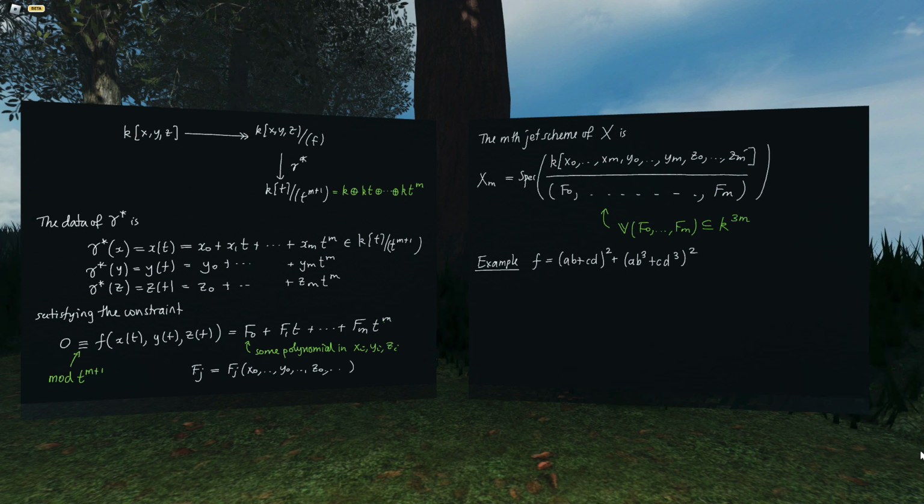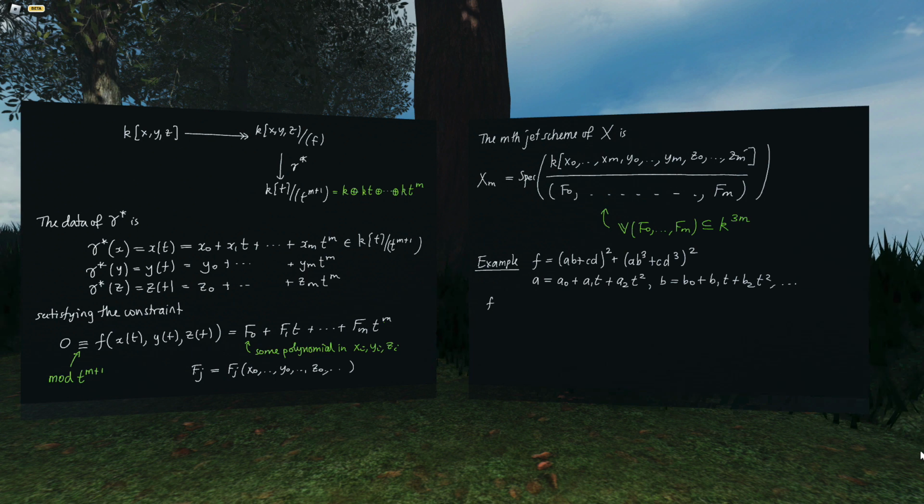So how do I compute the jet schemes of this object? Well, I replace each variable by a kind of collection that looks like this. If I want to compute the second jet scheme, then I replace A by this, and similarly B by this, and so on with C and D. And then I just substitute.